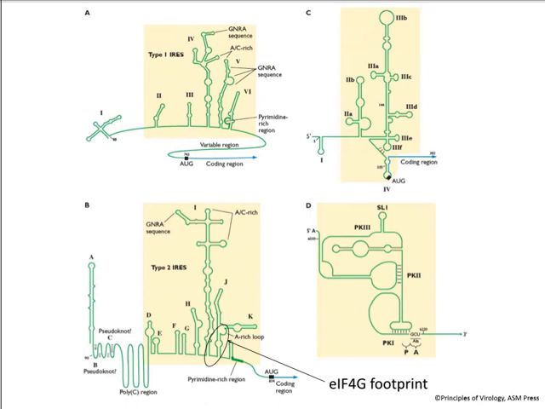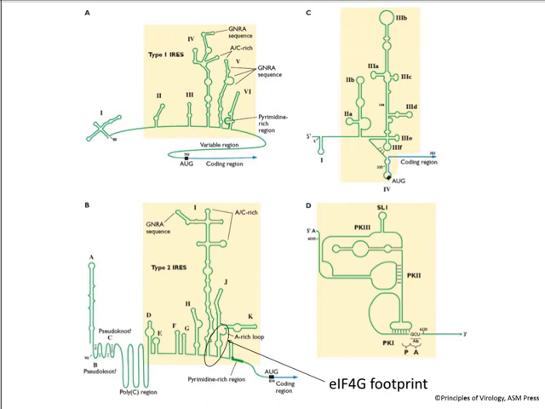And so, for example, how these work is that, in this case, it's been shown that eIF4G binds right here to this structure in the RNA. And as you may remember, when 4G is present, then the ribosome can bind to that via eIF3. So this sequence somehow makes it very attractive for eIF4G to bind. You don't need a 5' cap to do that. And the other IRESs work in somewhat similar fashions.